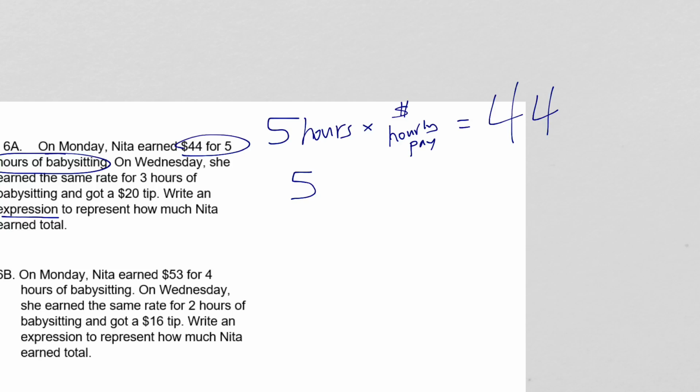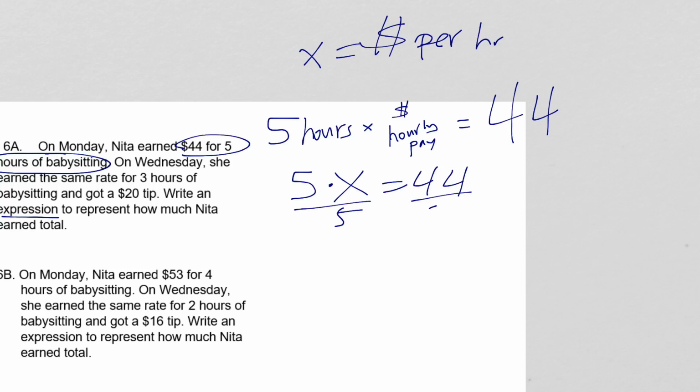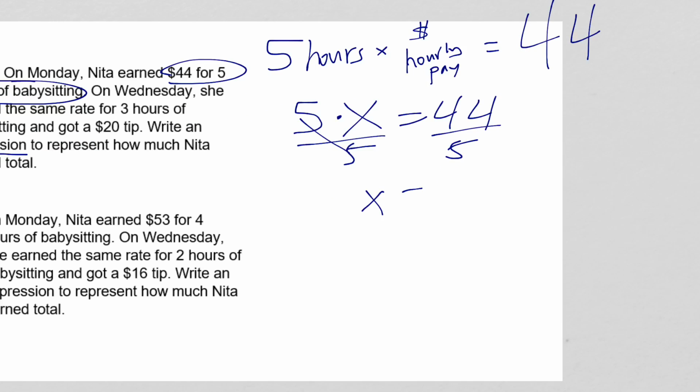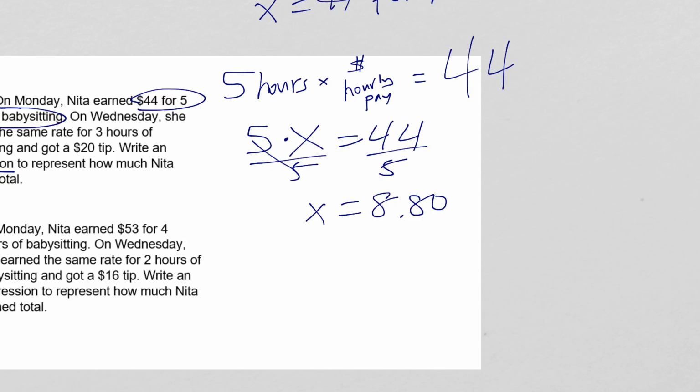That's the same as saying 5x equals 44, where x represents the amount of money she's getting paid per hour. If you solve for x by dividing by 5, you're going to notice that she's getting paid $8.80 per hour.